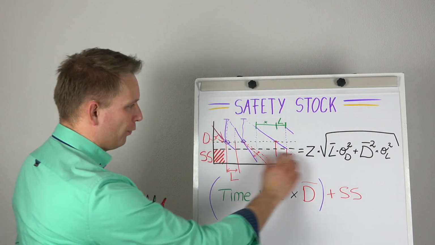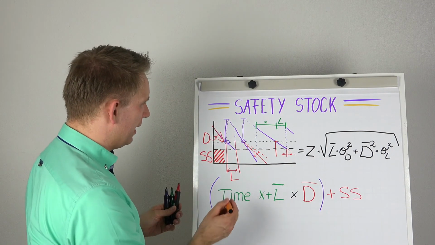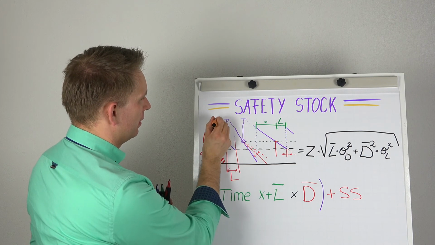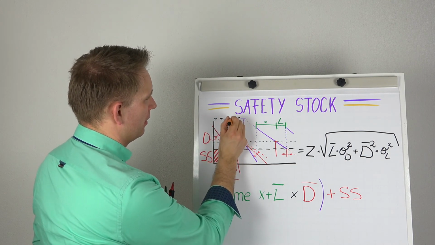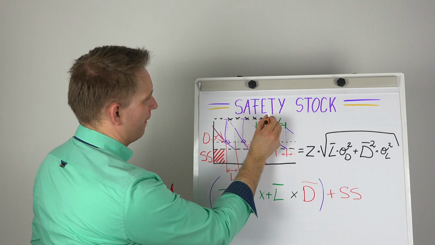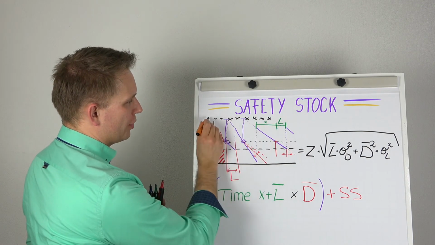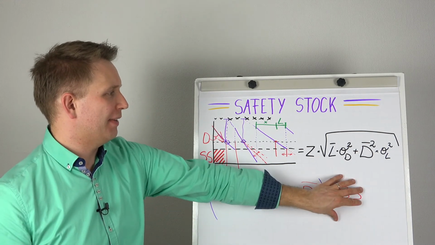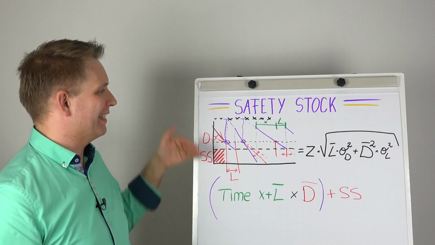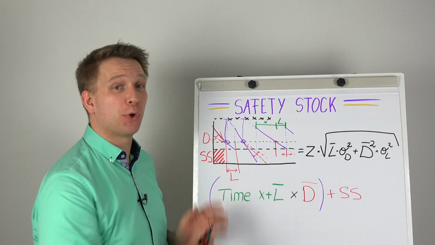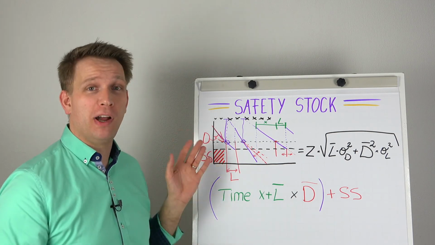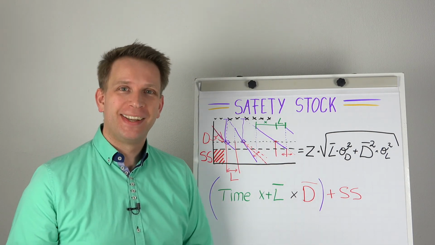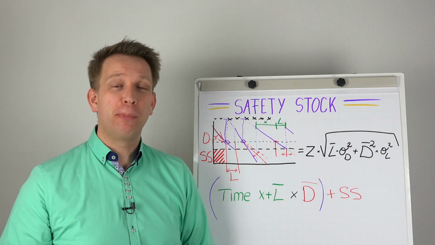So that whole formula is basically this line. That crossed line is this whole formula together, and that's where the safety stock gets into your by now completely messed up graph of how you manage how much inventory you buy.